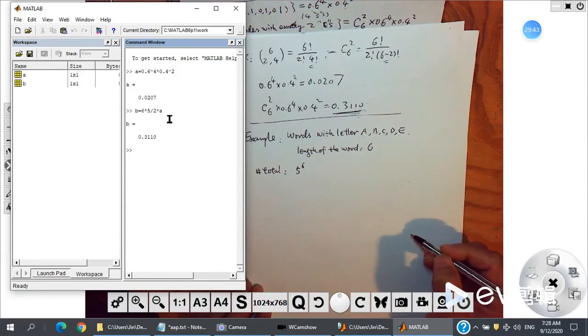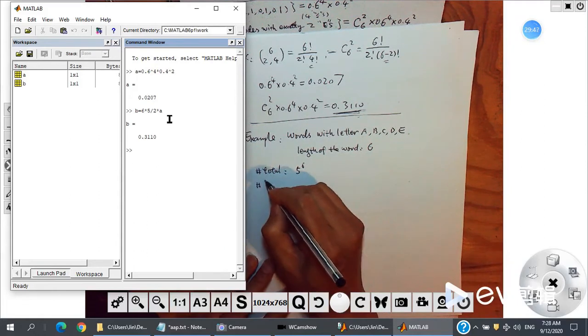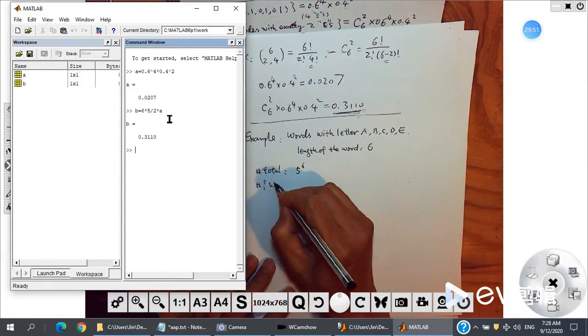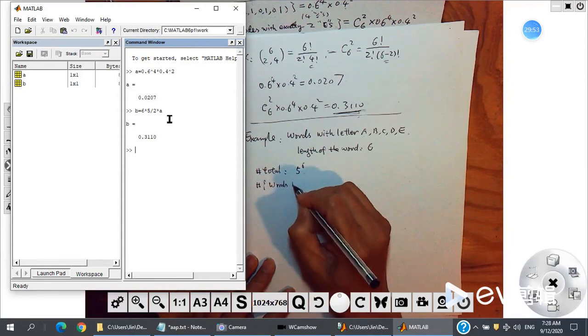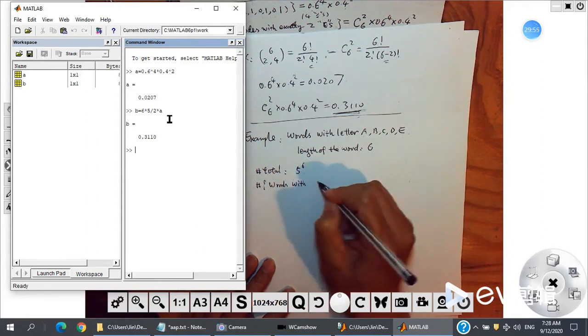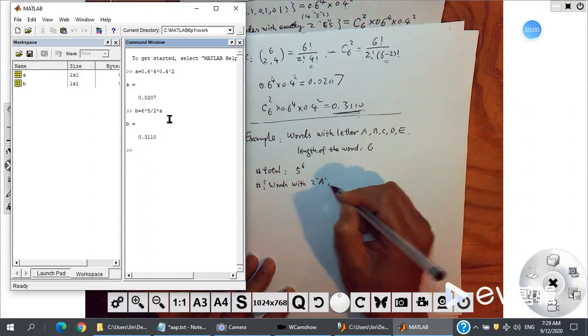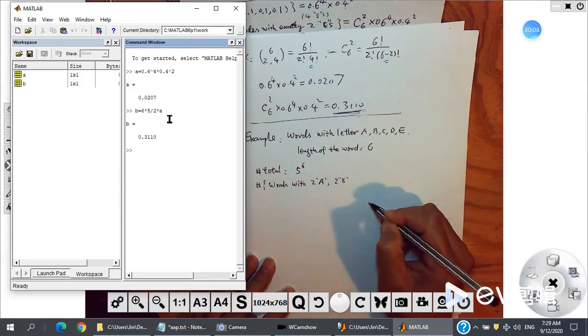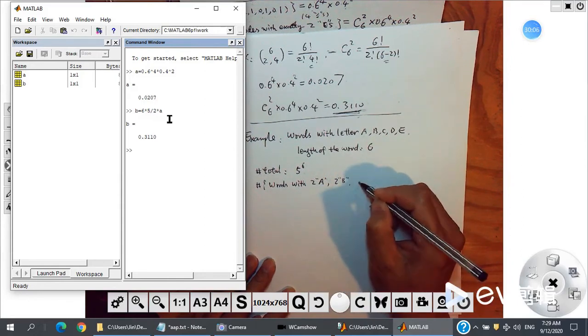And if we want to consider, like, the words with 2 A's, 2 B's, and one other.